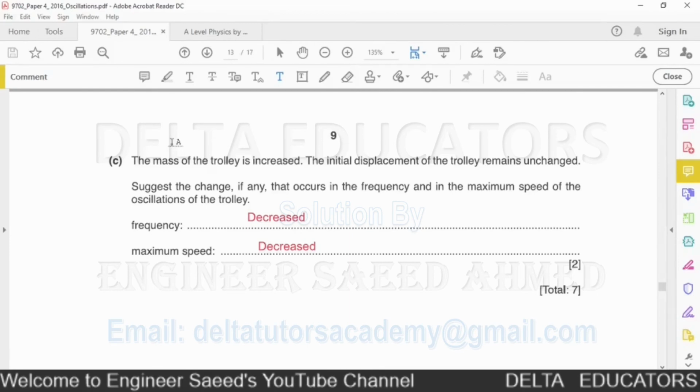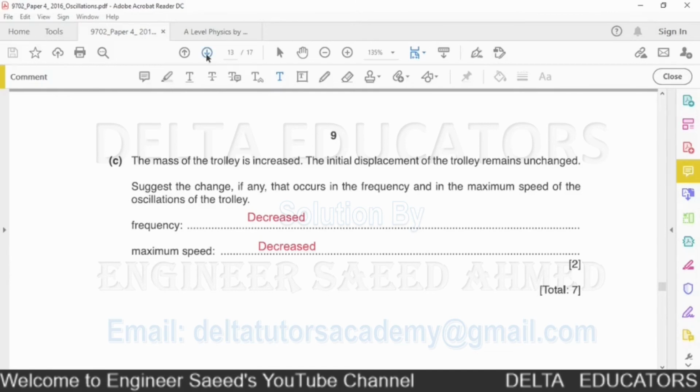So here we have increased the mass, which means we have increased the load. With the increase in load there will be an effect of damping, and because of damping the frequency and maximum speed will decrease. So the frequency will decrease, and the maximum speed will decrease.